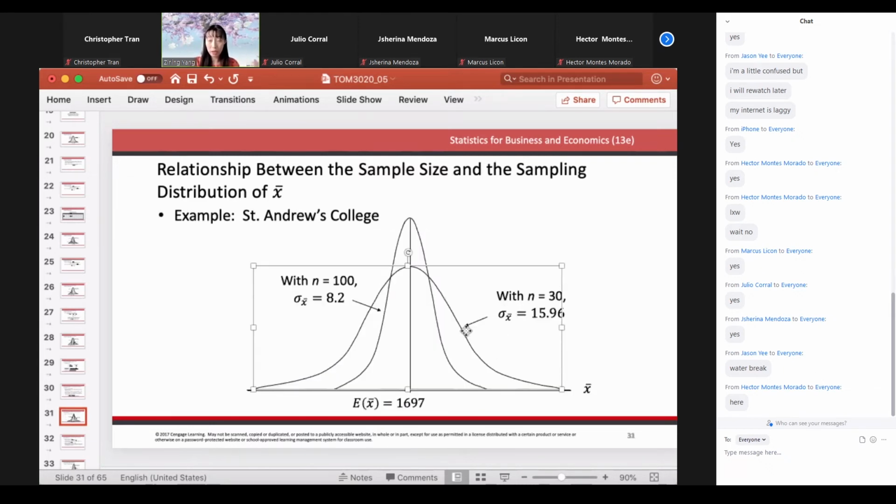So how much of a difference does it make? Before we increase sample size, at the beginning, when sample size was 30 and the standard error was 15.96, you can see this wide and flat distribution. It's very wide, so you see the right tail and the left tail, they deviate very far from the mean.